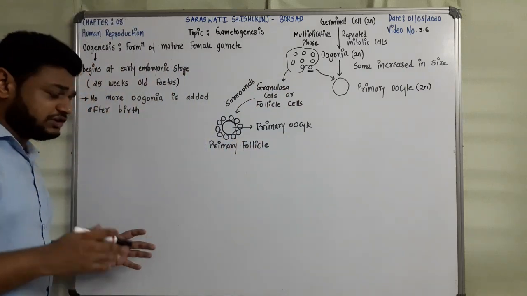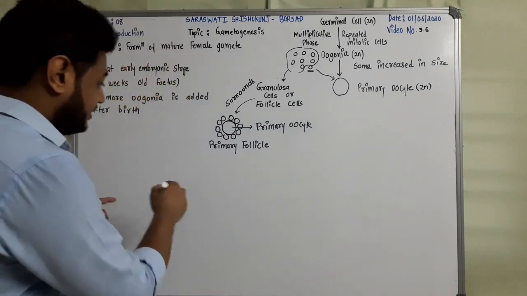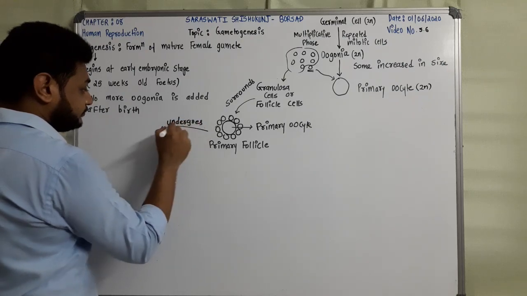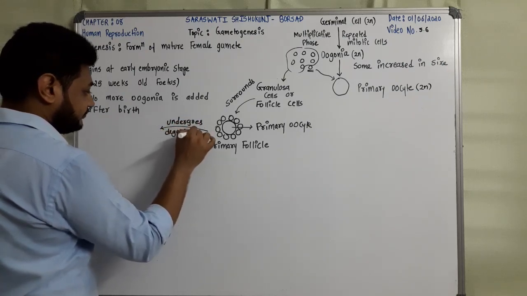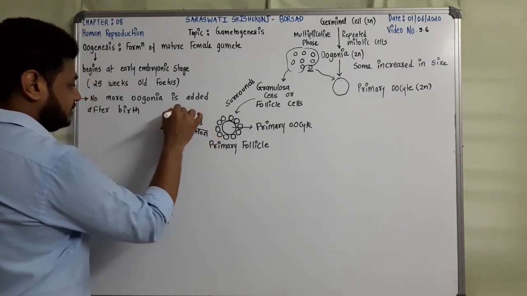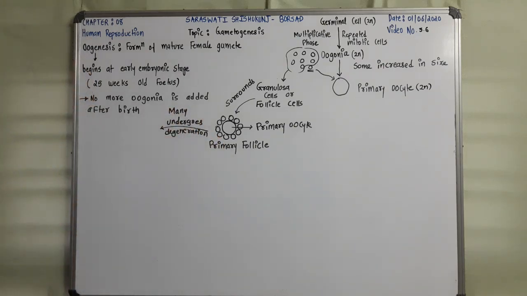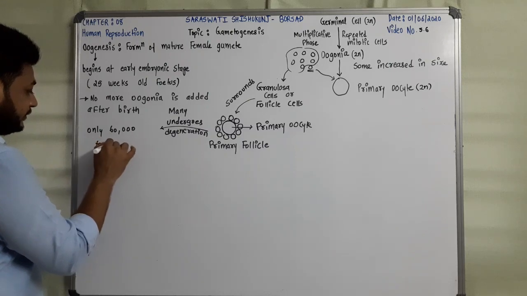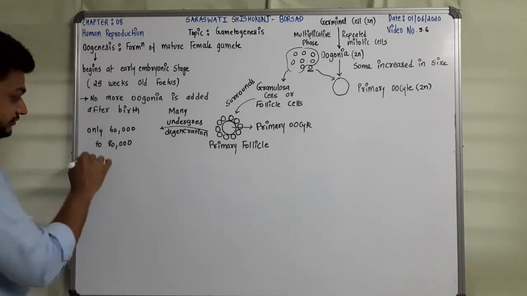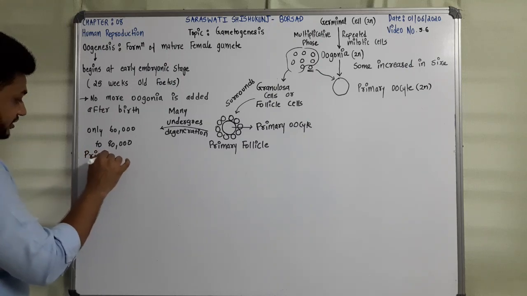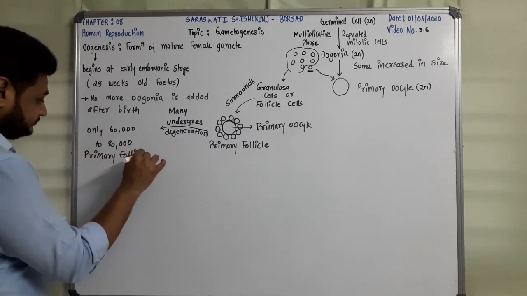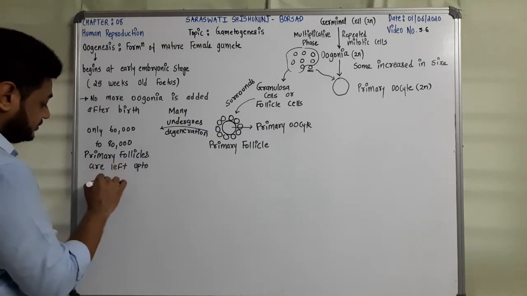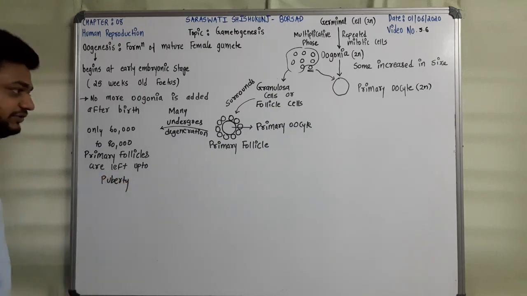Now from birth to puberty, many primary follicles undergo degeneration, right? Only 60,000 to 80,000 primary follicles are left up to puberty. Okay, students, now see what happens.